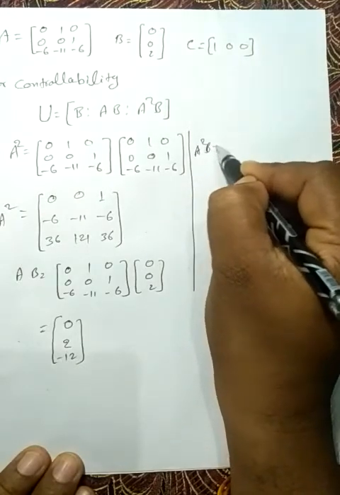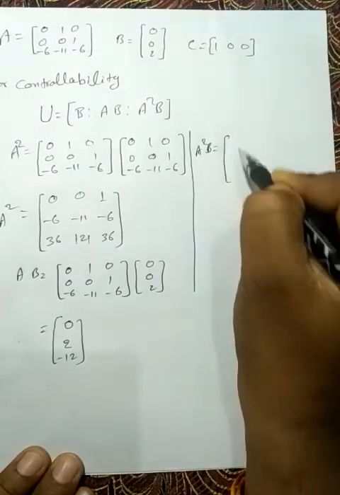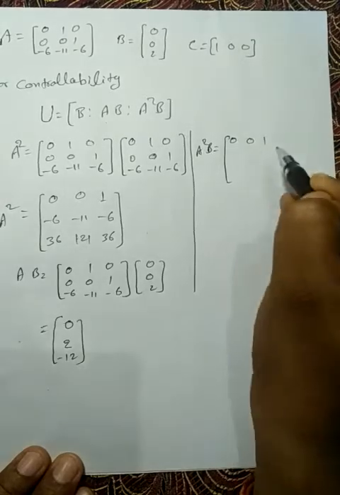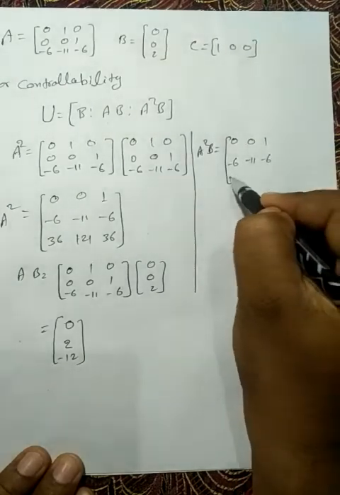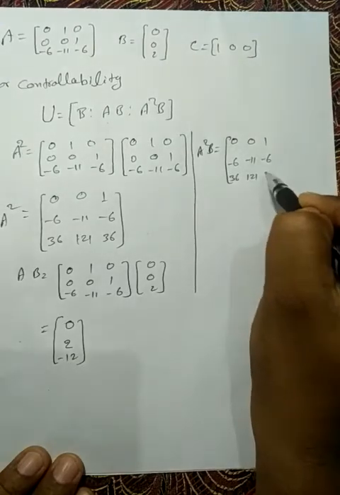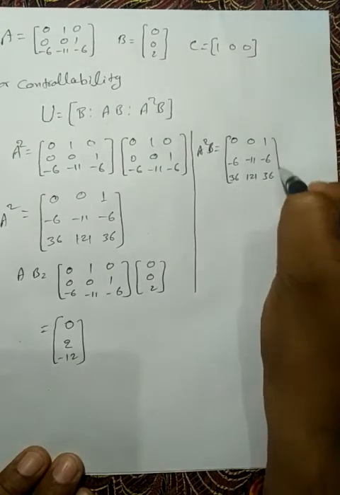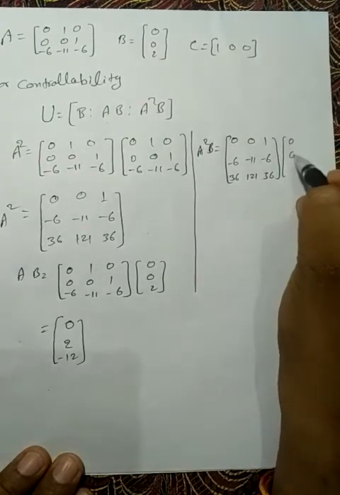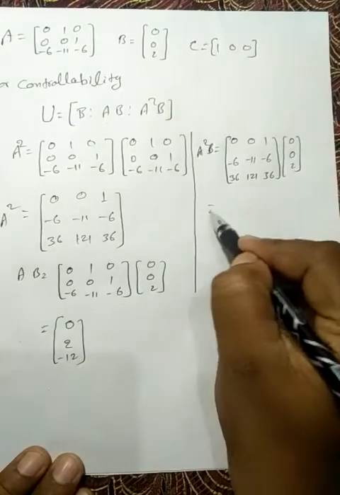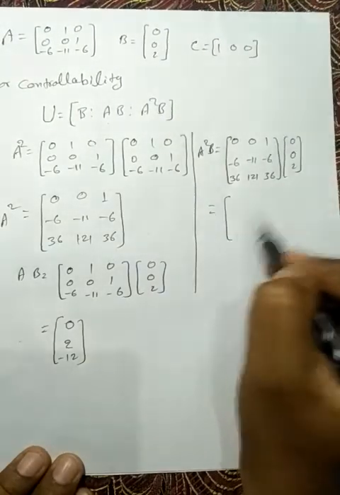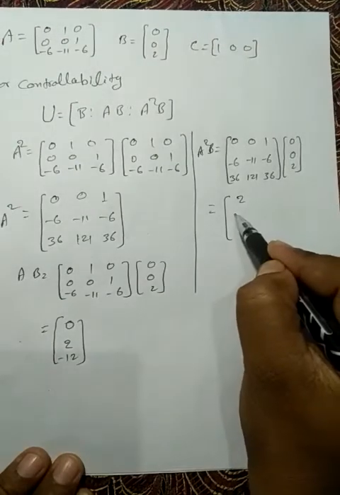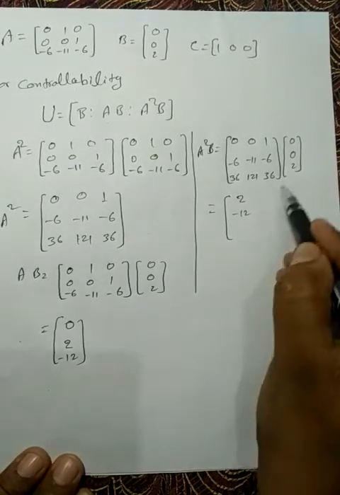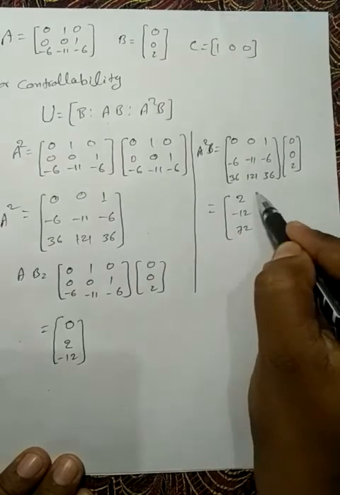A square B will be 0 0 1 minus 6 minus 11 minus 6 36 1 2 1 36, and B is 0 0 2. So we'll have 0 0 1 into 2 2, here 12 minus 12, actually 36 to just 72.